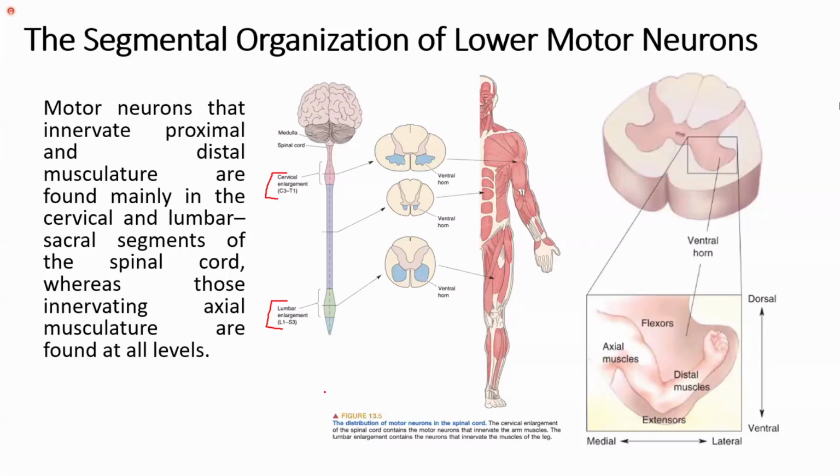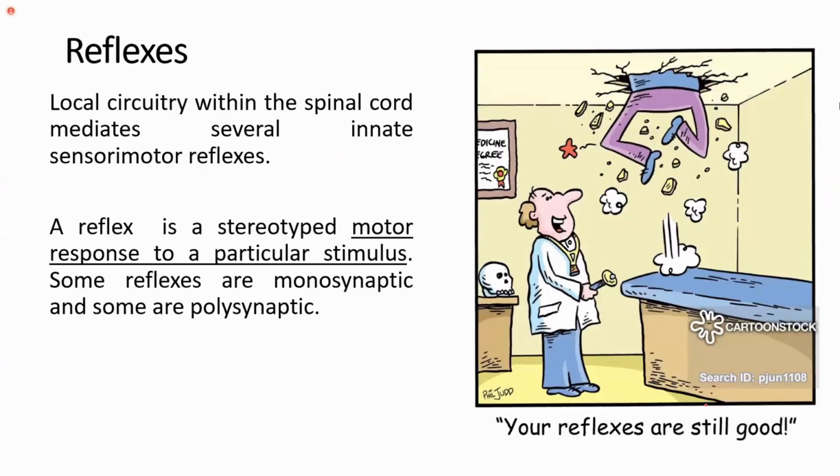Even at the level of the spinal cord, the cell bodies of these alpha motor neurons are fairly organized. The alpha motor neurons innervating the axial muscles are found mainly medial to the ones innervating the proximal as well as the distal muscles. This is just to show that there is some organization of the lower motor neurons. Any questions?